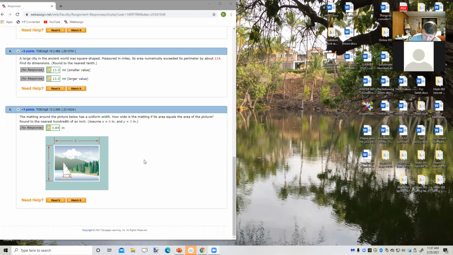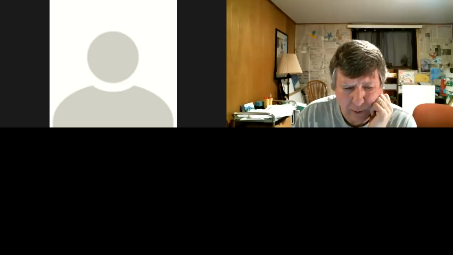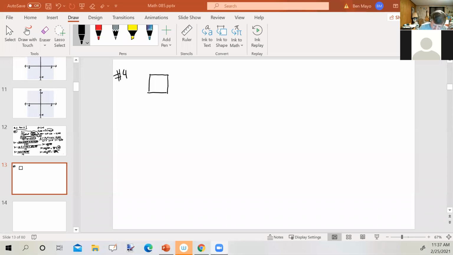Okay, so we've got this square city. Okay, let's take a look here. So this distance here would be X, and this would be X, and this would be X, and this would be X. Okay, we're just going to call the length of a side X. Measured in miles, its area, well, if the length is X and the width is X, the area would be X squared, right?